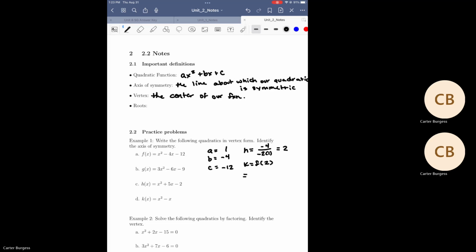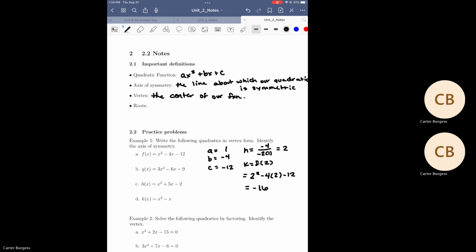Well, this is going to be equal to 2 squared minus 4 times 2 minus 12. 2 squared is 4. 4 minus 8 is going to be negative 4. Negative 4 minus 12, I get here negative 16. And that's all the information we need.